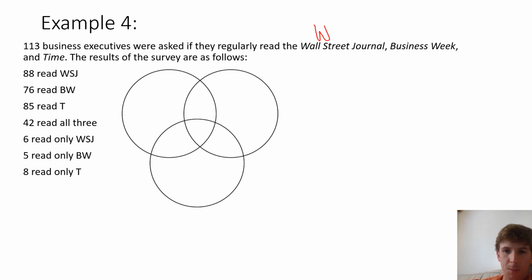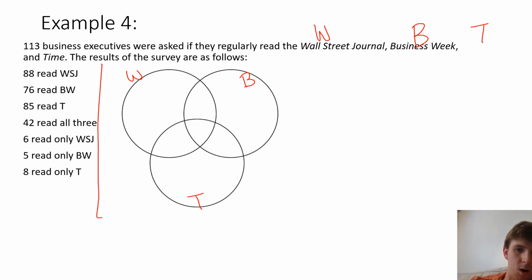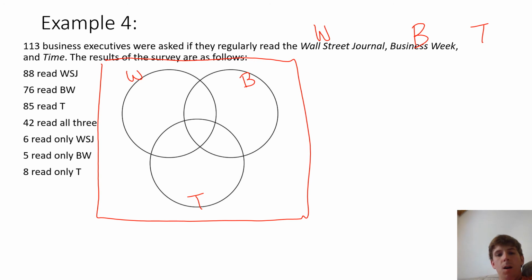We have W, I'll call this B, and I'll call the time T. Let's fill them in, and then I'll draw our outer ring as well. And we have all the data over here.